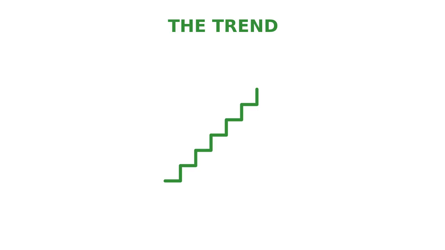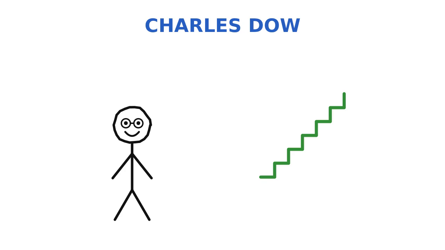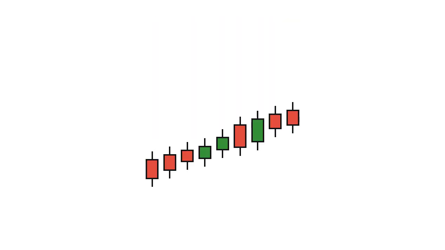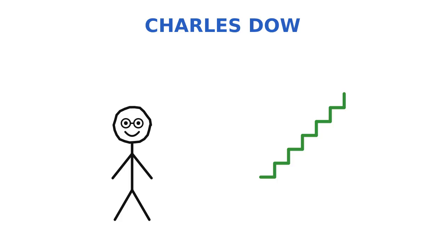A downtrend is the reverse, stair-stepping lower. And a sideways trend just drifts flat. Much of this thinking traces back to Charles Dow, the same Dow from the Dow Jones, whose ideas became known as Dow theory. Traders have a famous saying that captures it. The trend is your friend. Betting against a strong trend is how many of them get hurt.